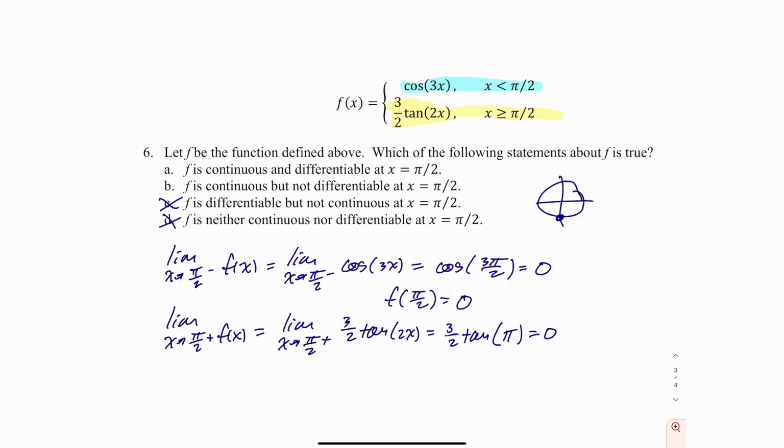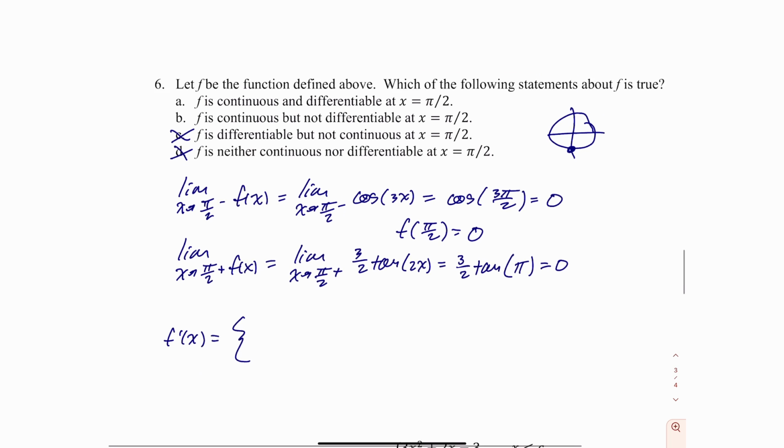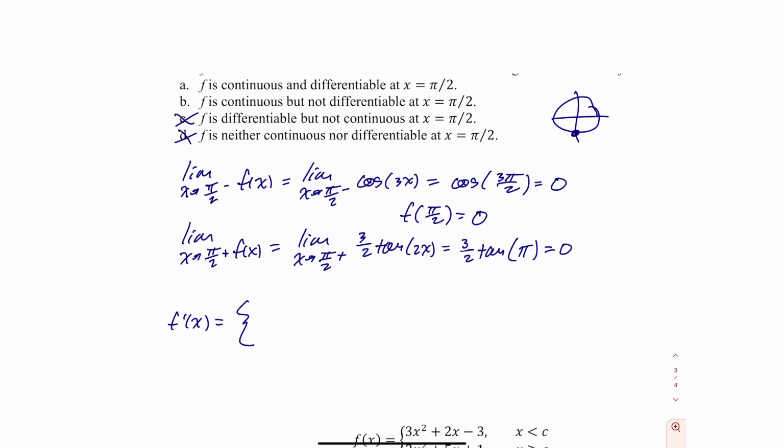Now we just need to see if this thing is differentiable. So what I'm going to do is find the derivative of each branch and see if those match up. So f prime of x. Okay, the derivative of cosine of 3x is going to be negative 3 sine of 3x. And that'll be when x is less than pi over 2.